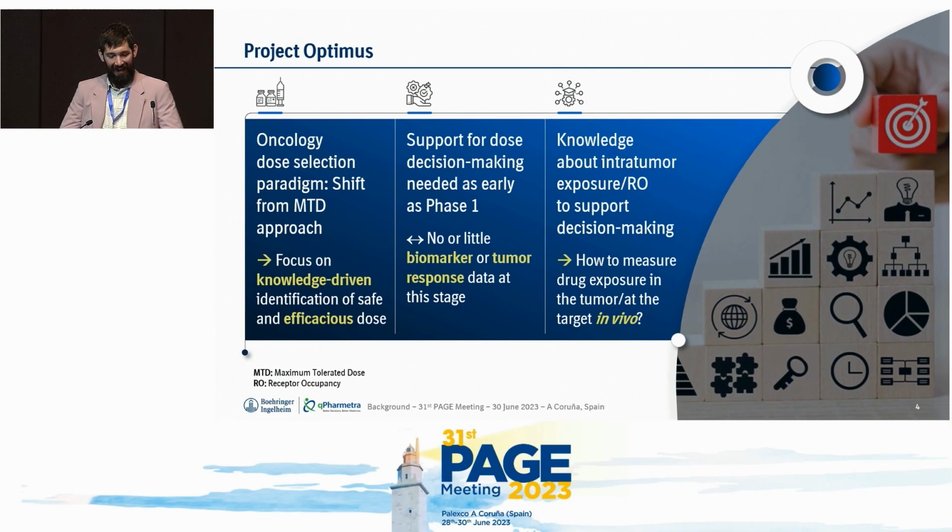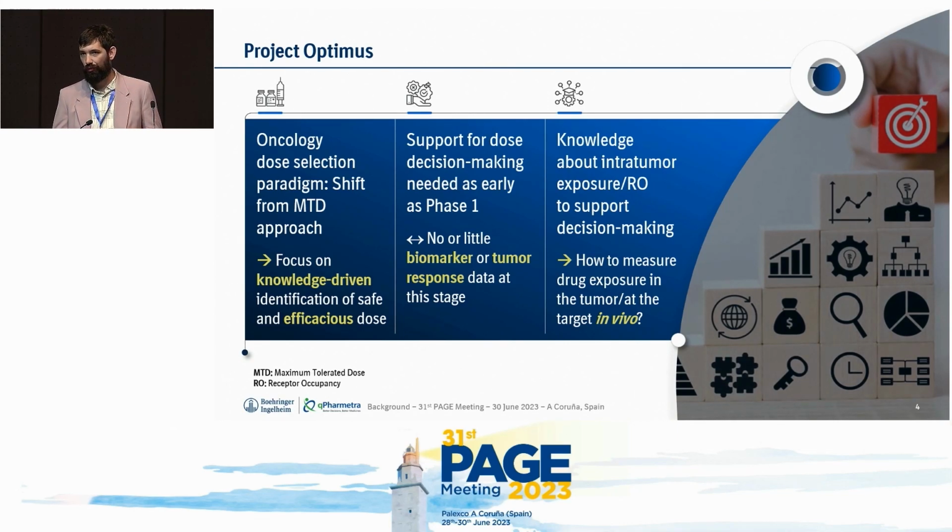Let's see. Okay, so this means that we need this knowledge very early on in drug development, and at that stage, as we are around phase 1, we don't have that much biomarker or tumor response or efficacy data available. So alternatively, we can try to get some knowledge about how much of the drug is actually reaching the tumor, reaching the target, and then engaging with the target receptor.